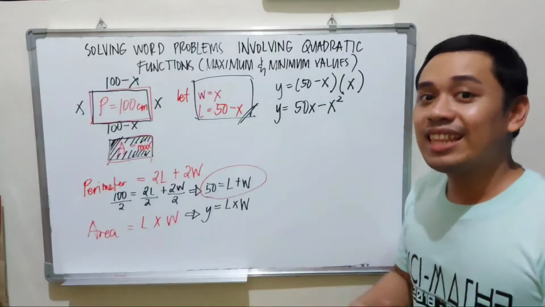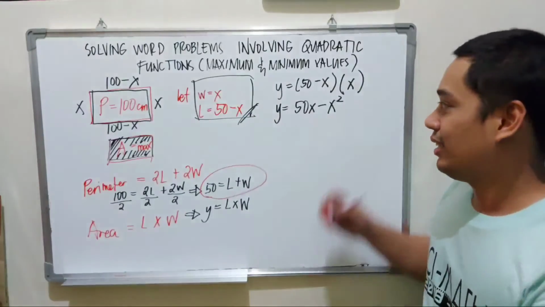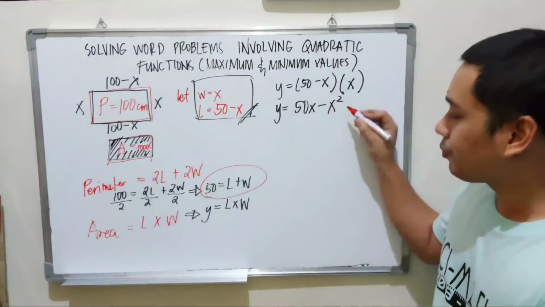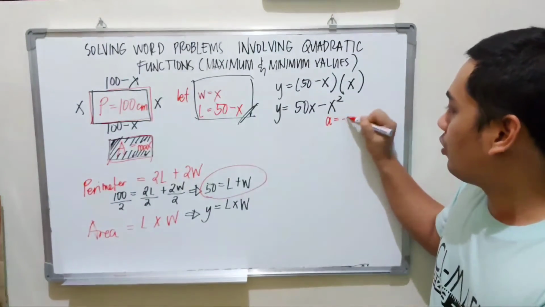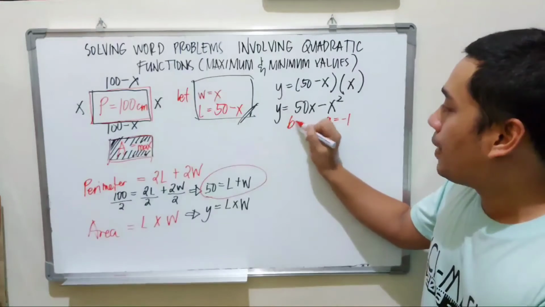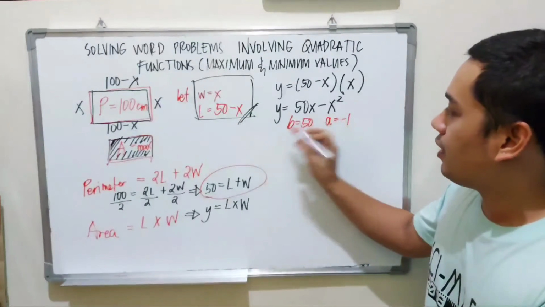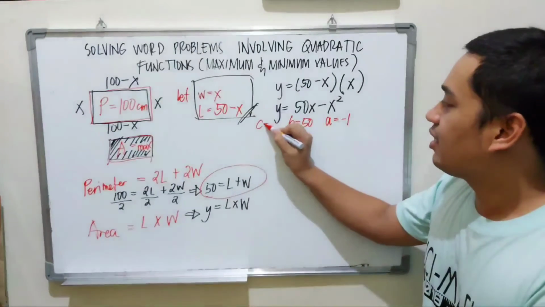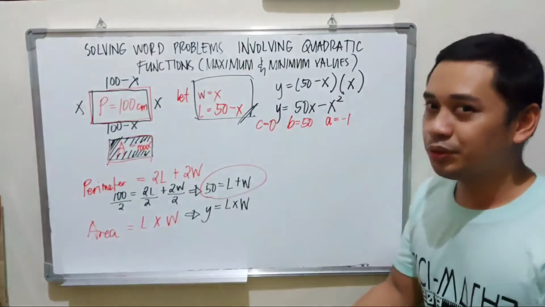Pagkatapos, ganun ulit, set na natin yung values ng a, b, and c. We have our a, since baliktad siya, a is equal to negative 1, b is equal to positive 50, at since wala kang nakikitang constant, c is equal to 0. Ano yung susunod?